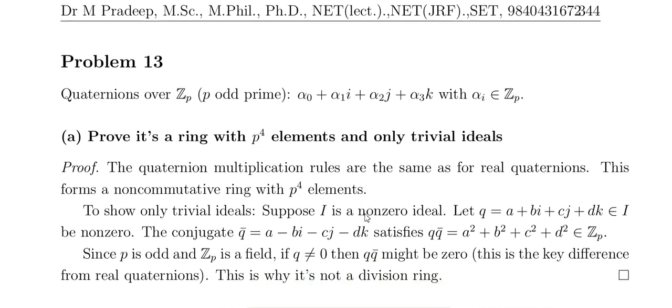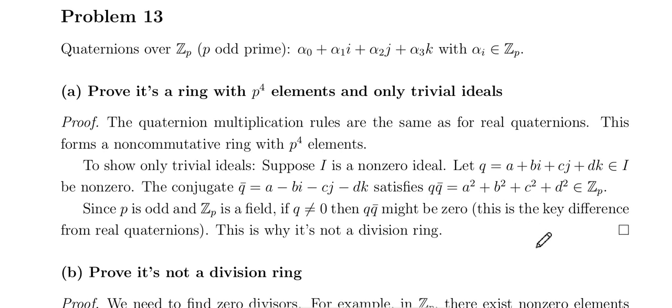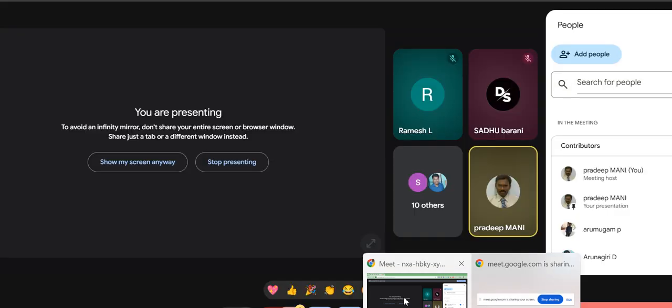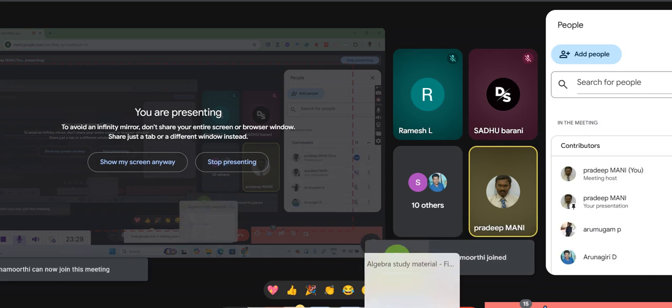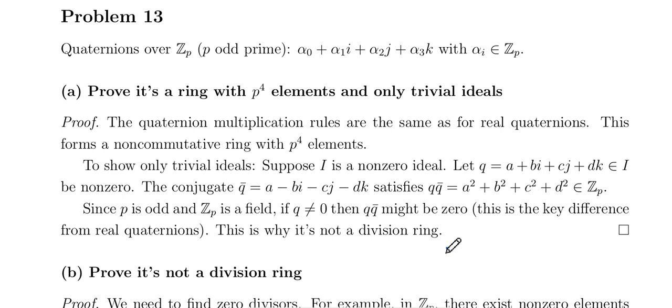And the quaternions over Z_p, where p is an odd prime, in the form alpha 0 plus alpha 1 i plus alpha 2 j plus alpha 3 k, as we have seen in group theory, where alpha i belongs to Z_p. So it is a ring with p power 4 elements when you define it over Z_p, p an odd prime.